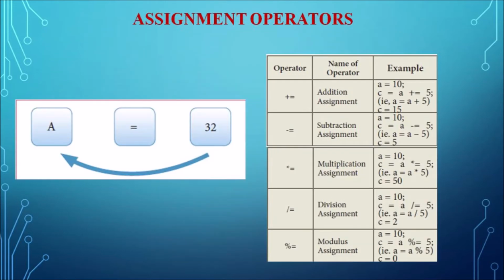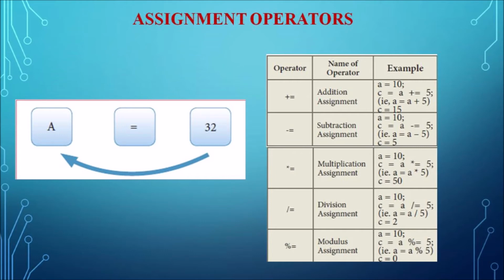Next one is the assignment operator. The assignment operator is mainly used to assign a value to a variable. In the example, the value is 32 and the variable is a. The value 32 is going to be stored in the variable a, that is a is equal to 32. Here the equal to is the assignment operator.